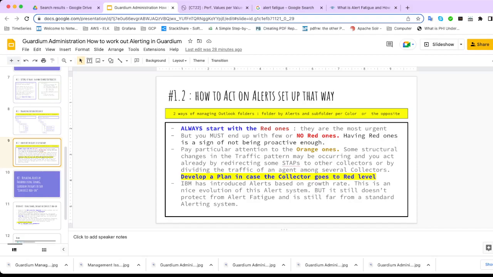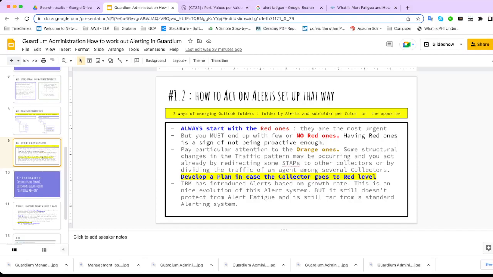So you can look at the structural changes in the traffic pattern, try to explain the traffic ending up on a collector, and start devising a plan in case this collector goes to red level. That way, when it gets red, you are not taken by surprise. You already have something.